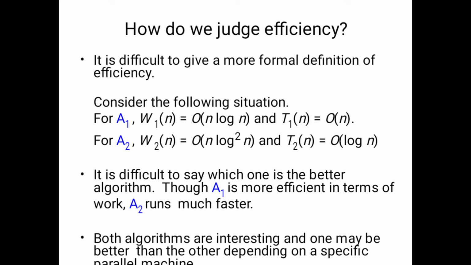From this it is difficult to say which one is better. Though A1 is more efficient in terms of work, A2 runs much faster. So both algorithms are interesting and one may be better than the other depending on the specific parallel machine.